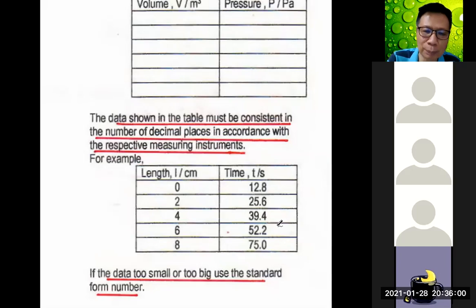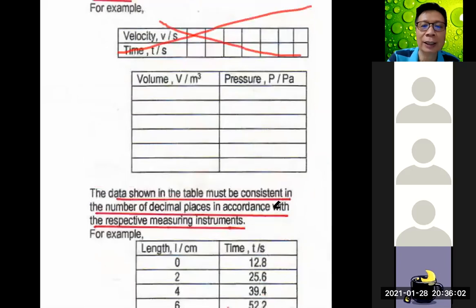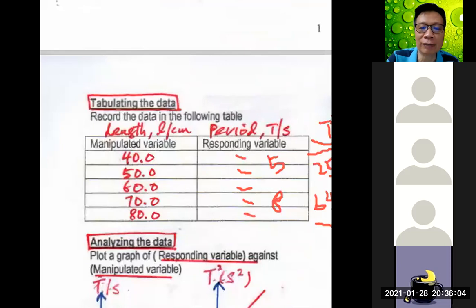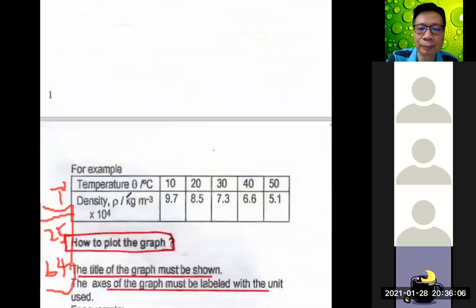There's not enough space to squeeze it in. So what you do is use standard form. You see, 9.7 you put here, then times 10 to the power of 4 you put outside. 8.5 you put in, times 10 to the power of 4 put outside. This is the method for writing very small and very big numbers.